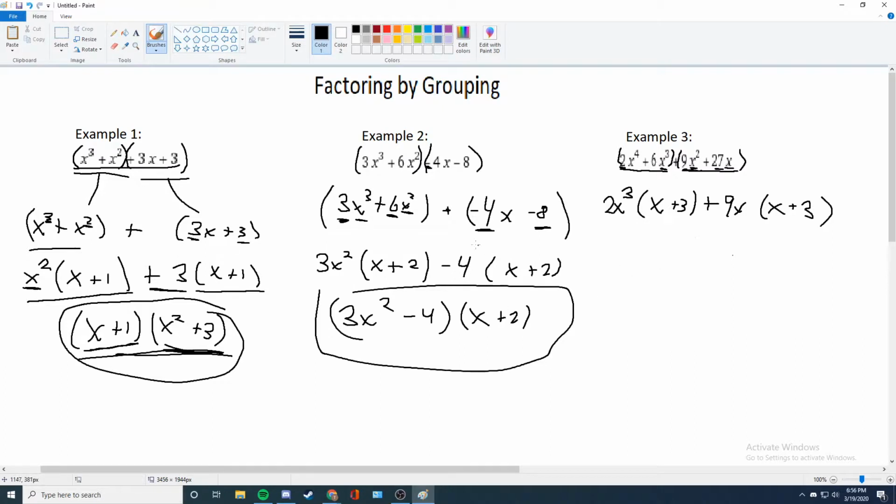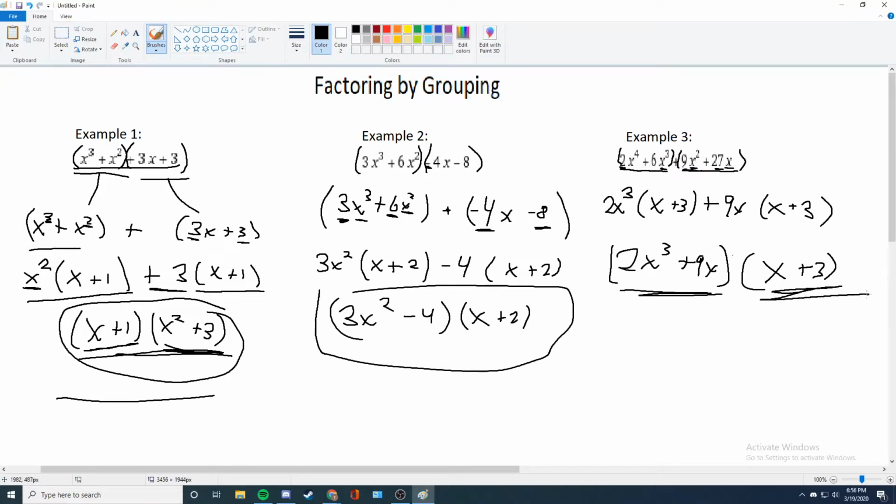So once again, we'll just condense these terms. So we get 2x cubed plus 9x and x plus 3. Now, remember what I said at example 1, we want to make sure that once we get to the end, neither of these terms are factorable. So x plus 3, that's already down to the bottom.